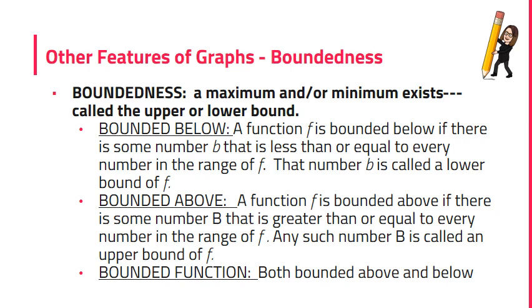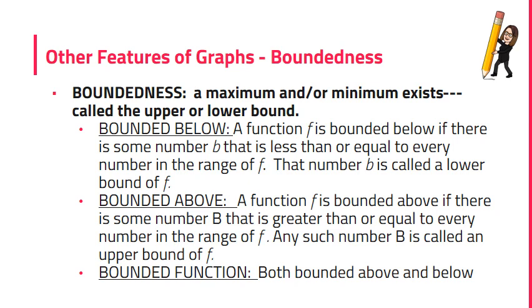The number b is called the lower bound of that function. Okay, so let's look at the opposite, bounded above. A function f is bounded above if there is some number b that's greater than or equal to every number in the range of f. Any such number b is called the upper bound of f, of the function.